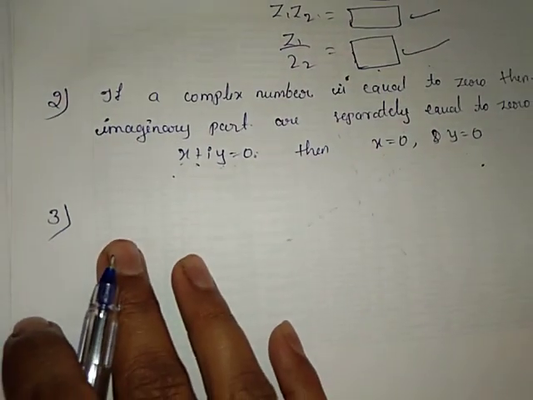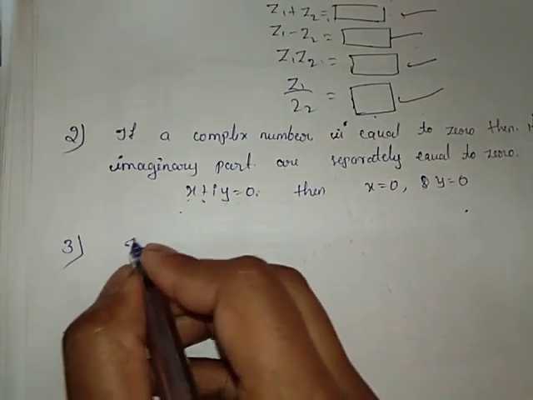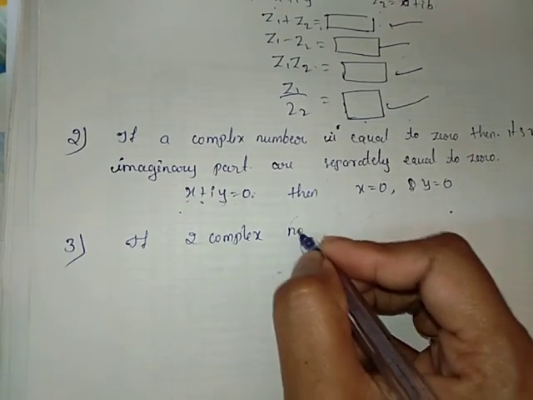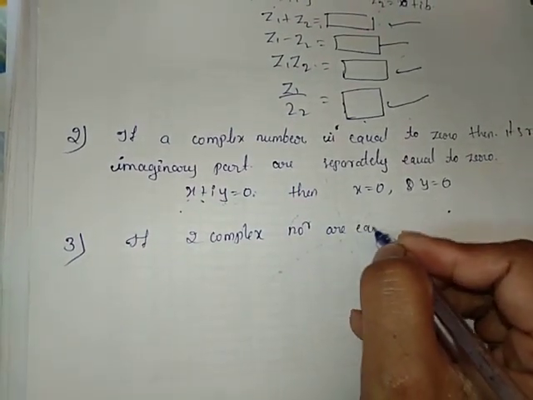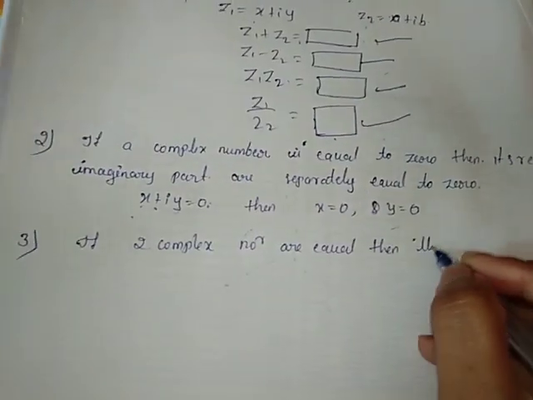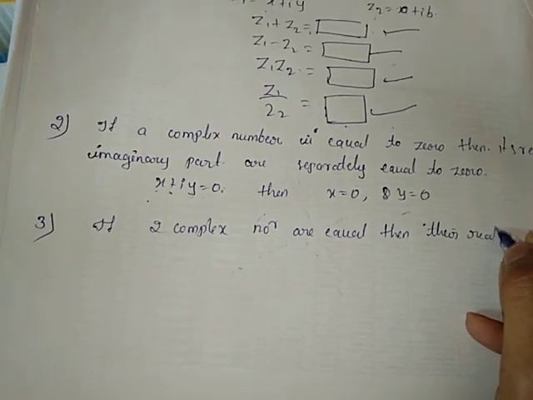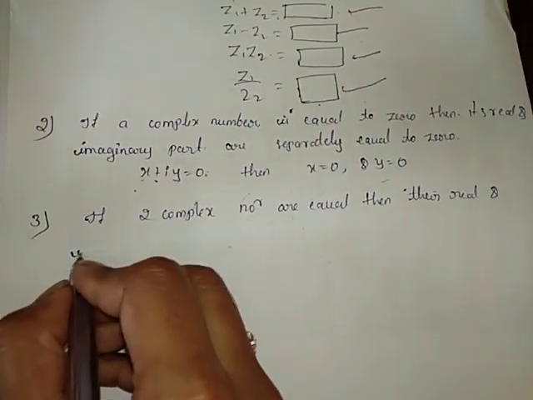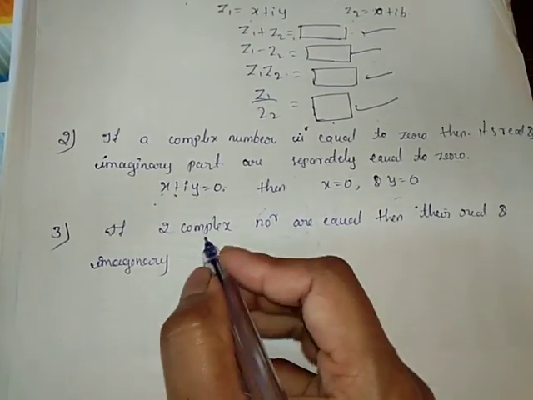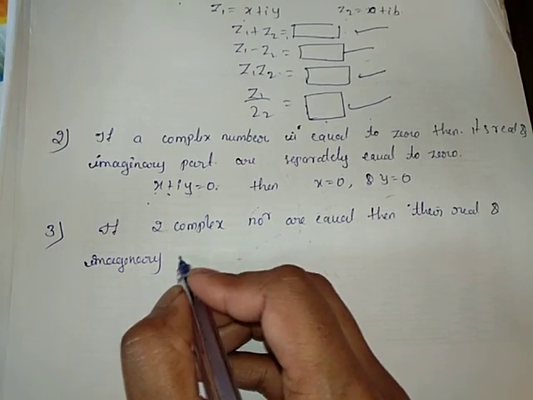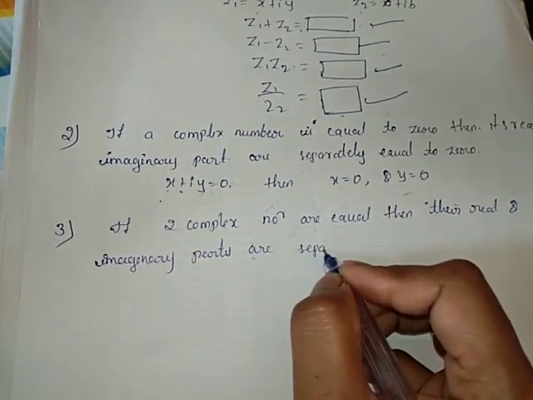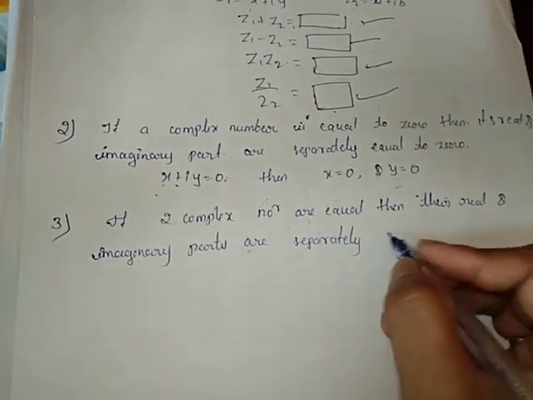So the third one: if two complex numbers are equal, then their real and imaginary parts are separately equal.